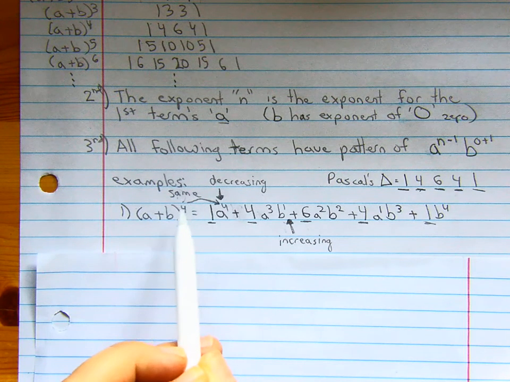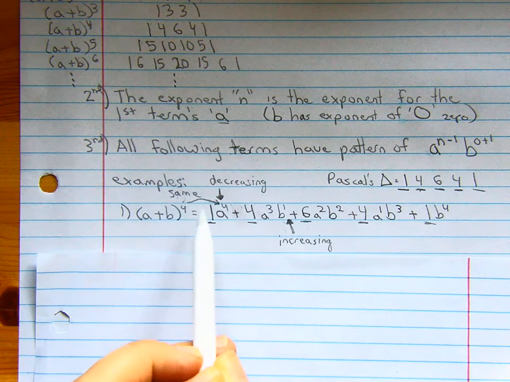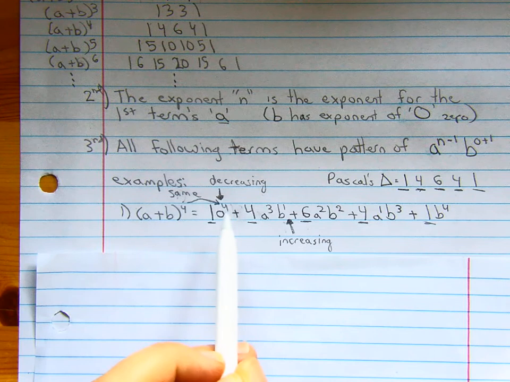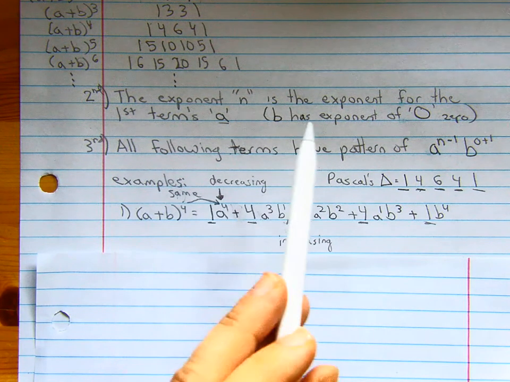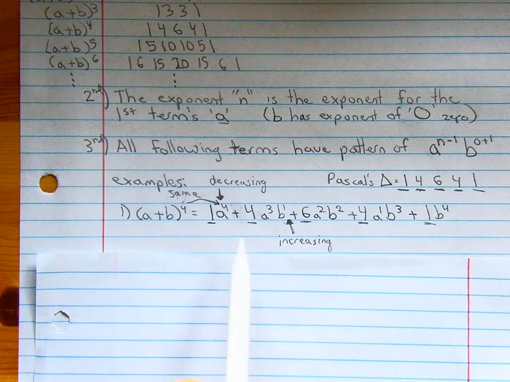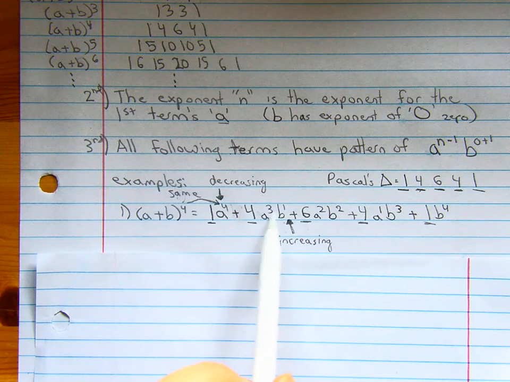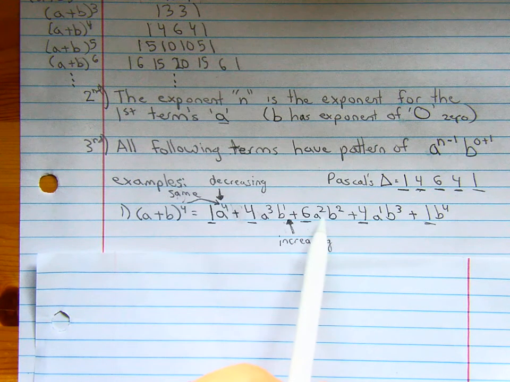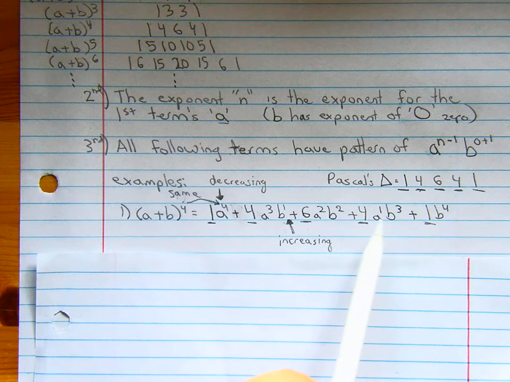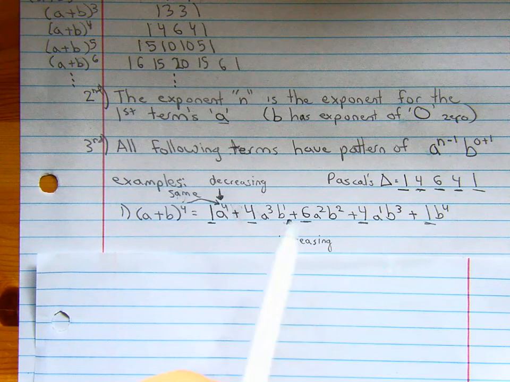The n, which is our exponent of the binomial, is going to be the exponent of the a of our first term, and b has an exponent of 0, which basically means it's 1. So it doesn't really exist. You don't have to include it. You can if you want to. And then from there, each one of my a's exponents is going to decrease by 1 until a is 0 and it basically disappears.